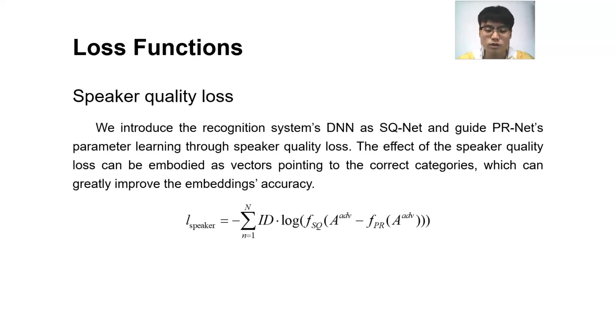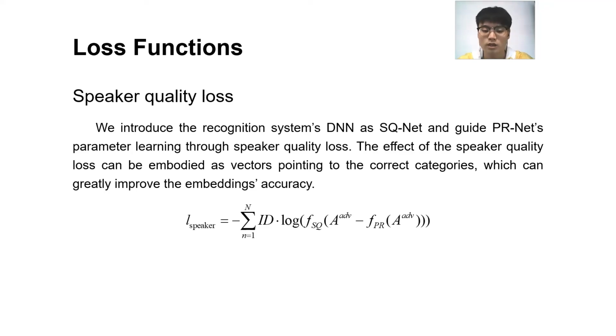We introduce the recognition system DNN as SQNet and guide PRNet's parameter learning through speaker quality loss. The effect of the speaker quality loss can be embodied as vectors pointing to the correct classes, which can greatly improve the embedding's accuracy.